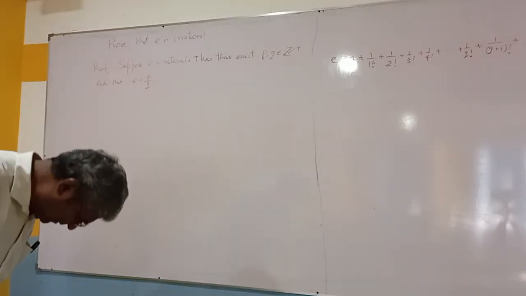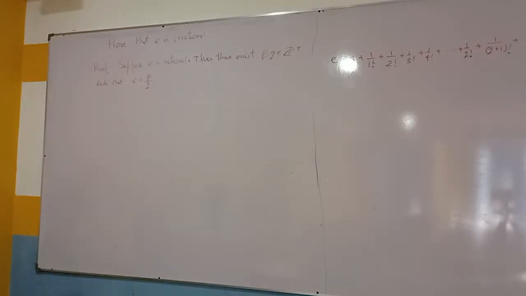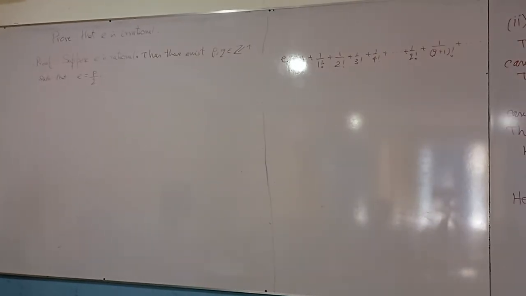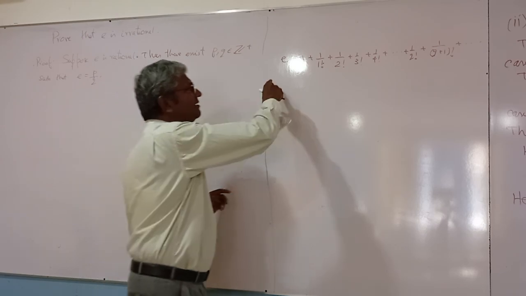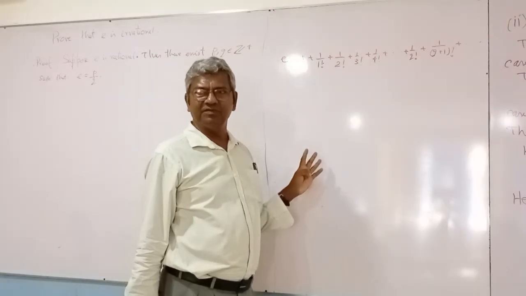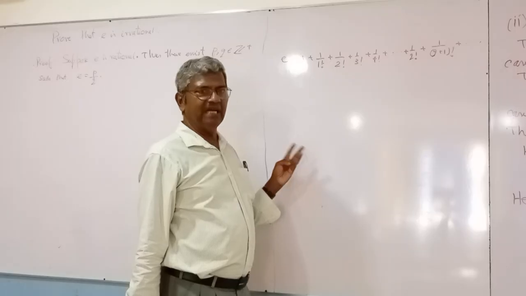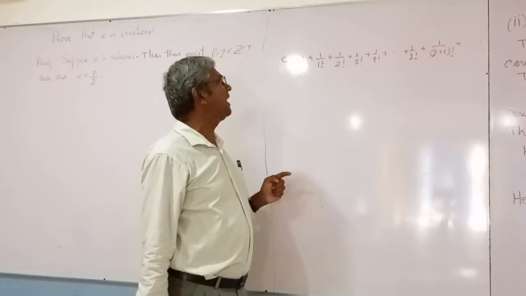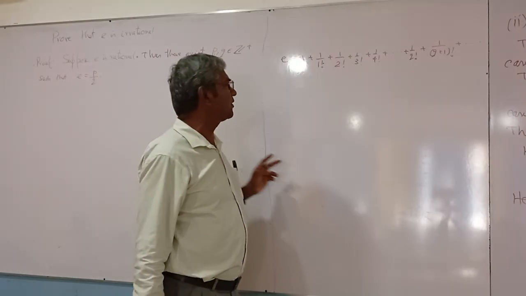By the way, even though I'm going to do this, you haven't done series yet. I'm going to assume that you know, we haven't proved this series convergence. We haven't proved it, but if you want, we can prove it.